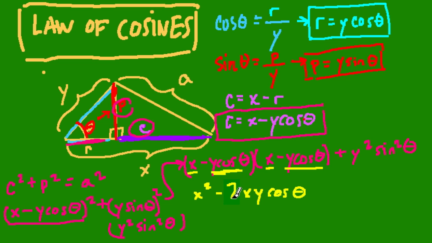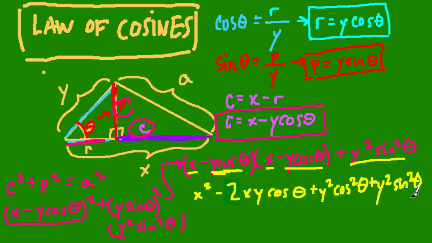So we have 2, right? 2 minus xy cosine of thetas, and then lastly negative y cosine of theta times negative y cosine of theta is positive y squared cosine squared of theta, and don't forget to add this back, plus y squared sine squared of theta. Okay, now what?